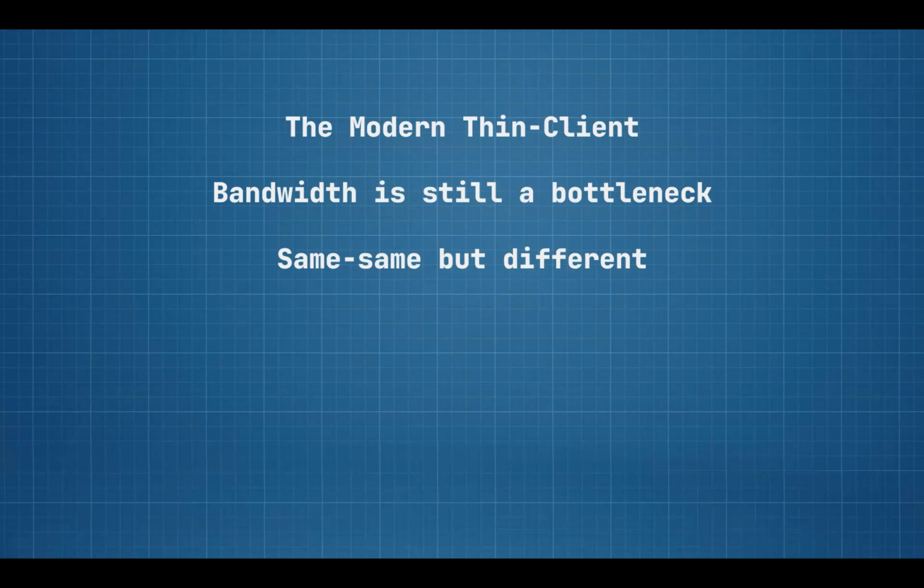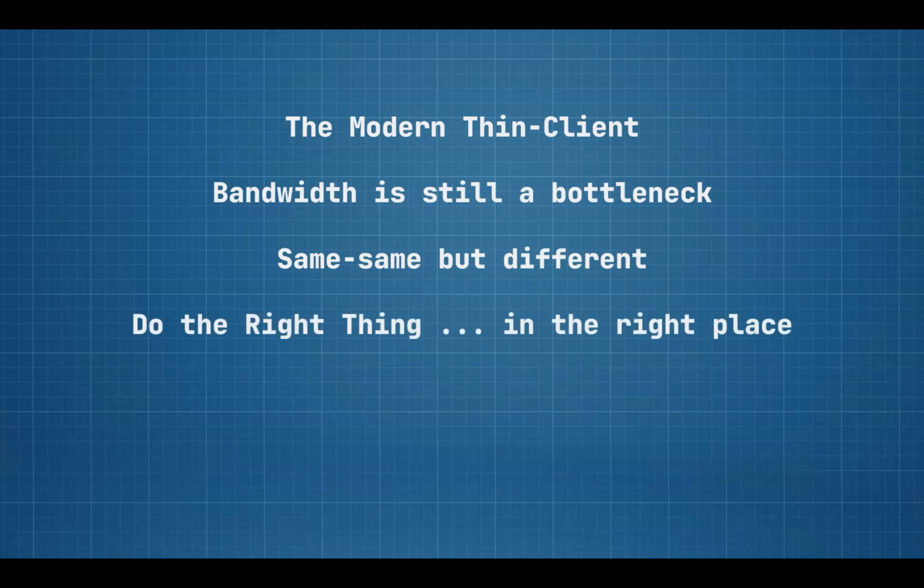Even mobile phones today are incredibly powerful compared to the machines we had in the past. But it doesn't mean that you should just throw everything to the systems that you have, right? My advice is still do the right thing in the right places.